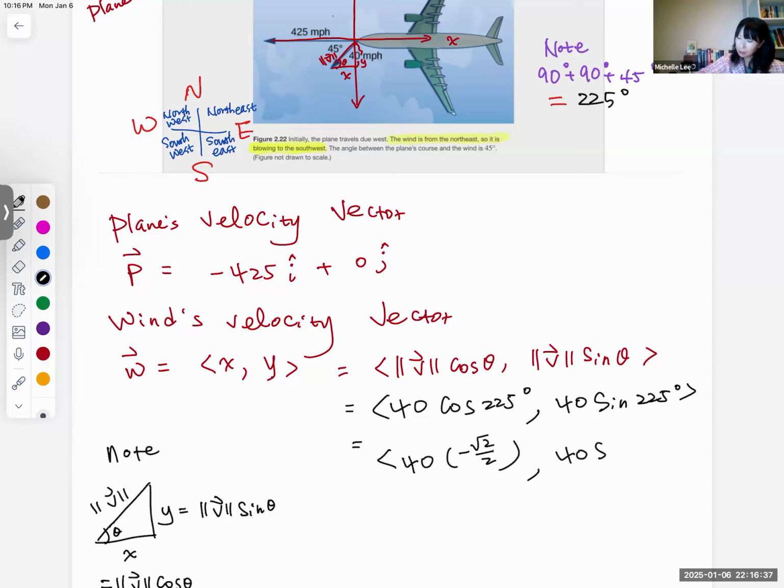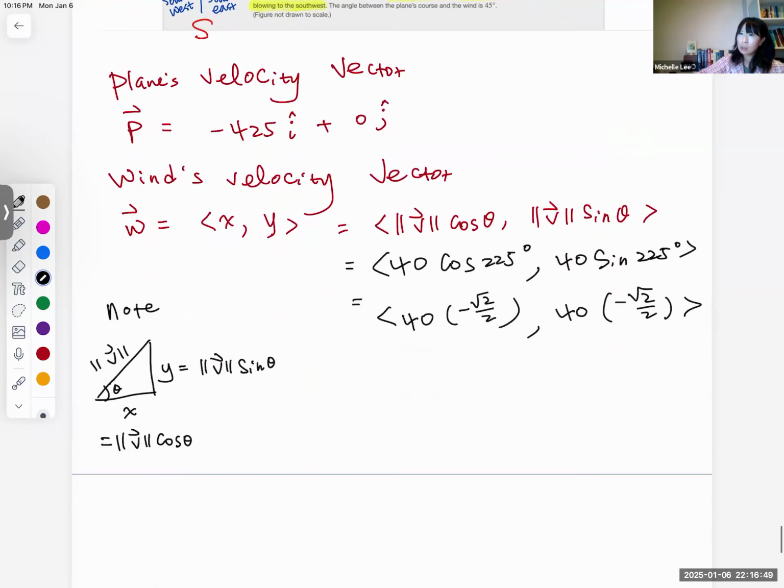And 40 sine 225, which is 45 degrees in quadrant 3, is also negative. All right, calculate. We had the experience earlier.